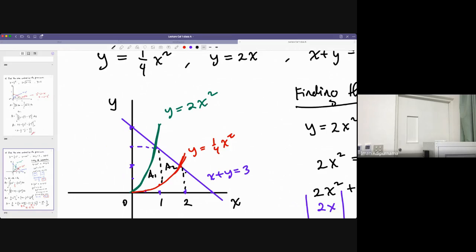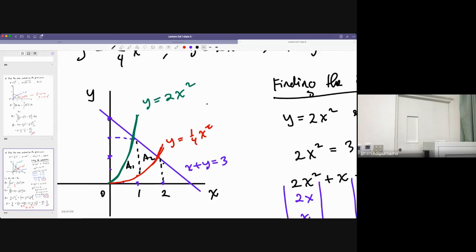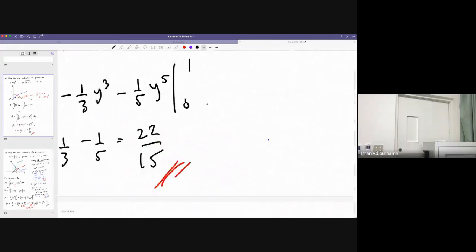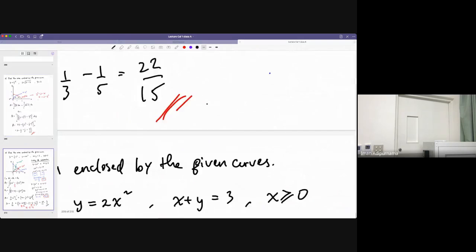Okay. Anyway, to find these 2 points, we need to find the intersections, right? So we need to equal the line and the curve. So we need to find the intersection.